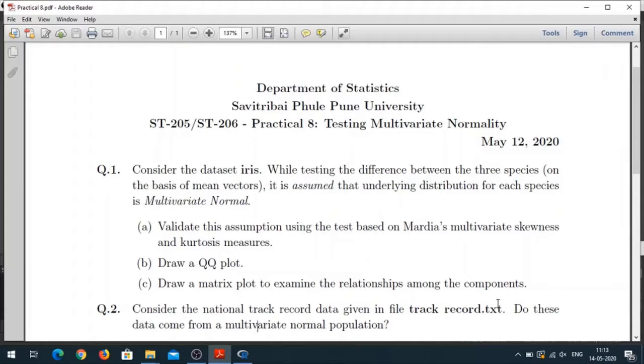Why? Because two species might have two different means, and if I try to fit a common normal distribution, it may not work. I don't know if you are following me, so let me give you an example. If I consider, say, heights of males and females, and if I plot them together, I might end up getting a bimodal curve, where one mode is near the average height of females and one mode is near the average height of males.